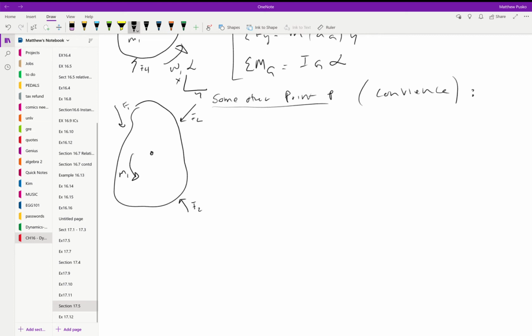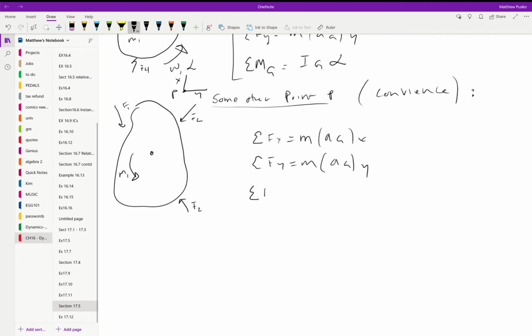If that is the case, we can, let's call that point P in this case, sum the forces in the x direction. It's still going to equal the mass times the acceleration of the mass center for the x and y. And that gives us two equations.